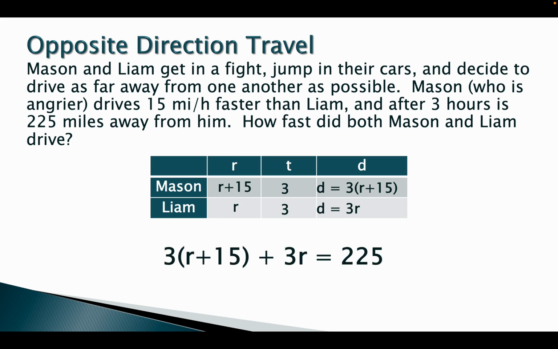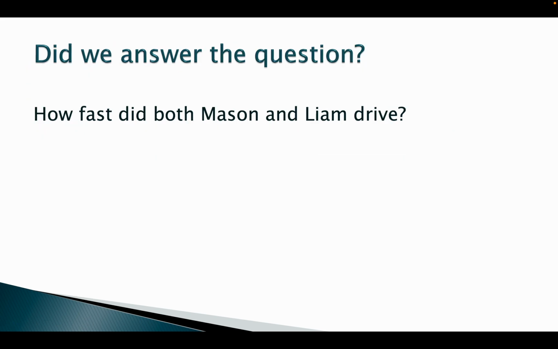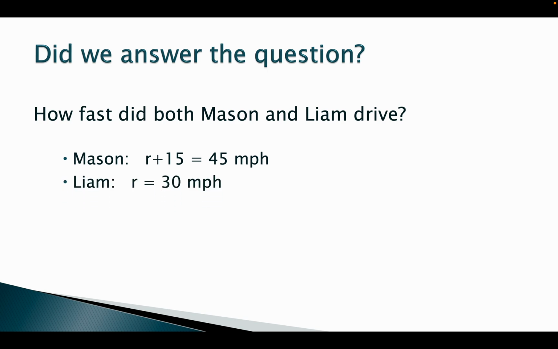We know that Mason's distance, which is 3 times r plus 15, plus Liam's distance equals a total distance apart of 225. When you solve that for r, we find that Liam drives 30 miles an hour and Mason drives 45 miles an hour.